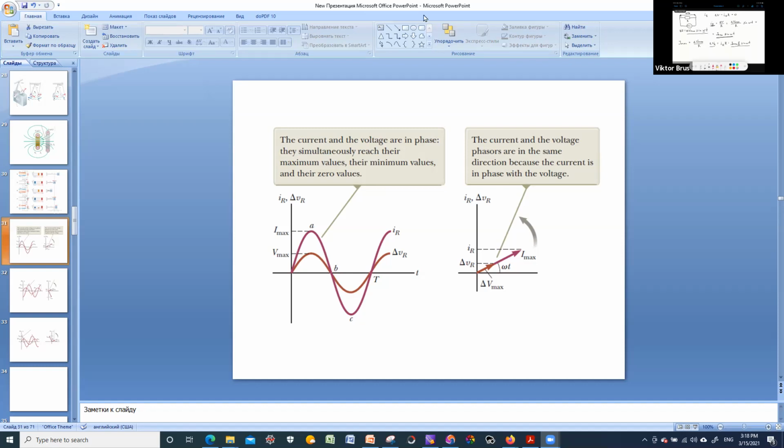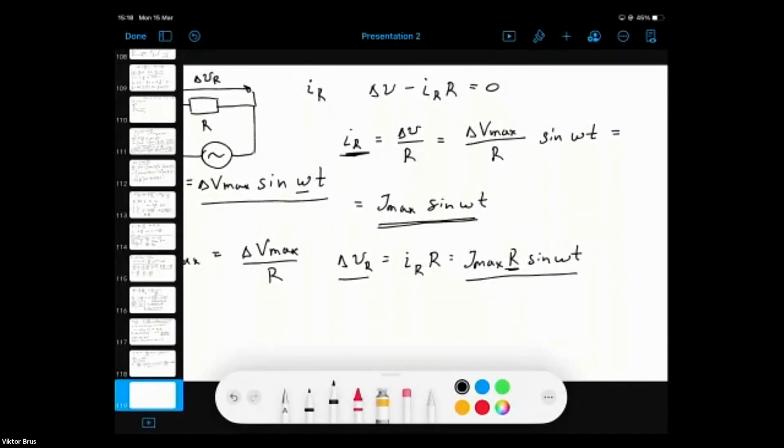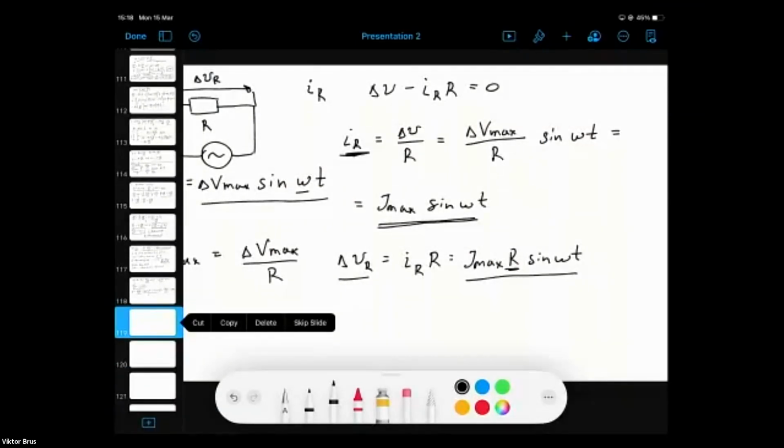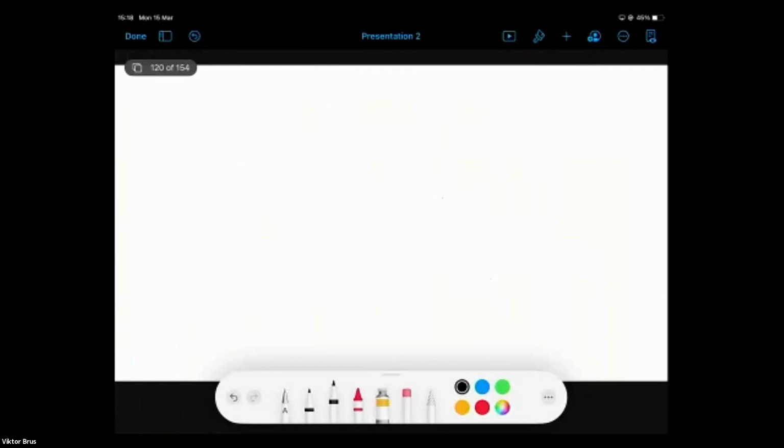Let me stop sharing. We go to another slide. And we know that electric power, which is delivered to a resistor in the DC circuit, will be electric current squared times R. So this is a standard equation, which we derived a long time ago.